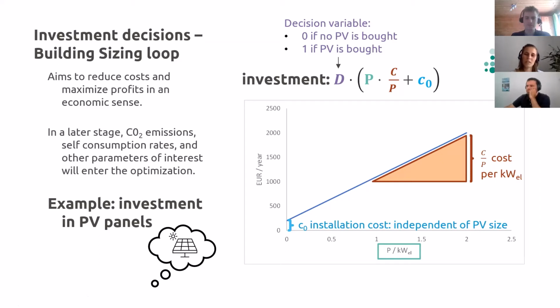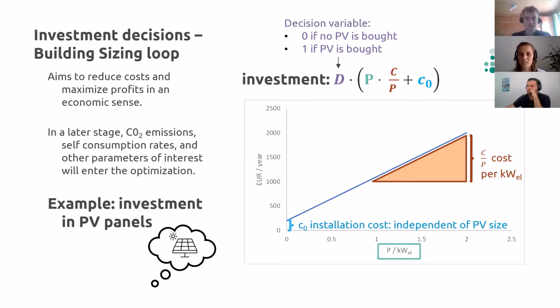So when you think just about the costs of a PV panel, then you have two terms. You have one term which is independent of the size of the PV panel, which is, for example, for the installation. So you maybe have to pay a guy who climbs on your roof and installs the thing. And this is independent of the size. And then you have the size-dependent costs, which, of course, 10 PV panels cost more than one.